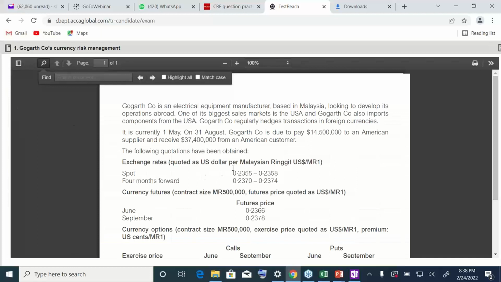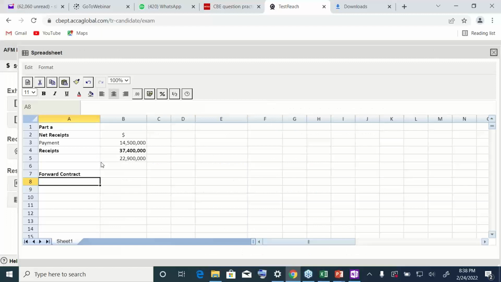It's a case of net receipt, so you will be dividing by 0.2374, the 4 months forward rate, USD over Malaysian ringgit.